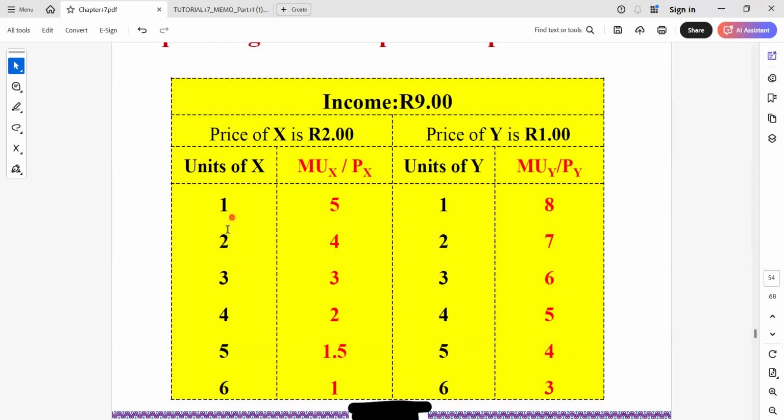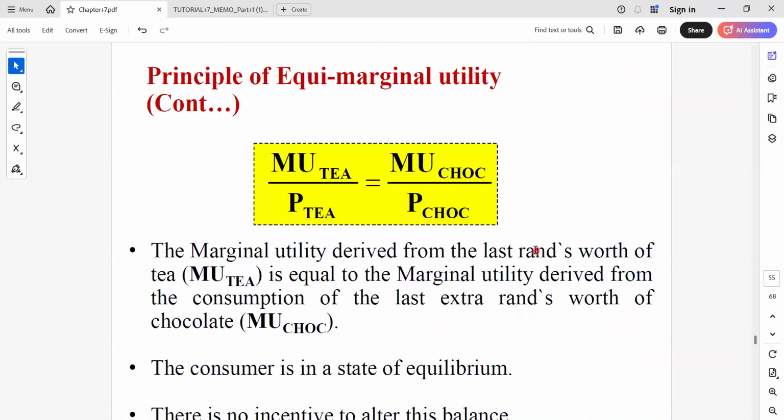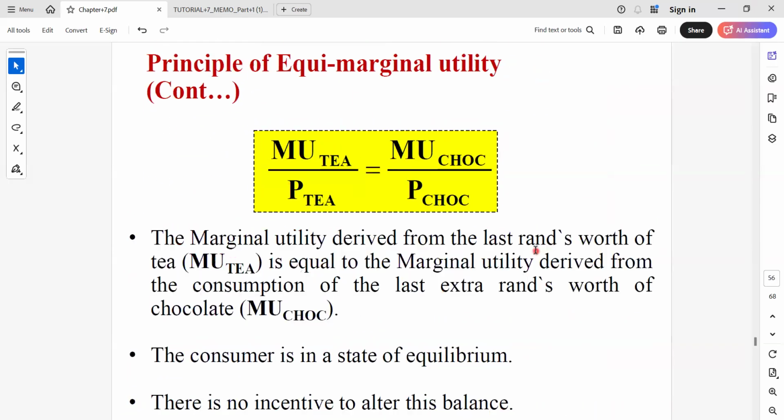Then also for your total utility for 2 units, you add this plus this, and then you add them together. So you're going to say 5 plus 4, which gives you 9. Then also 8 plus 7 plus 6 plus 5 plus 4, and then you add them both, which will give you 39. Let me check. Okay, they didn't give us the answer.